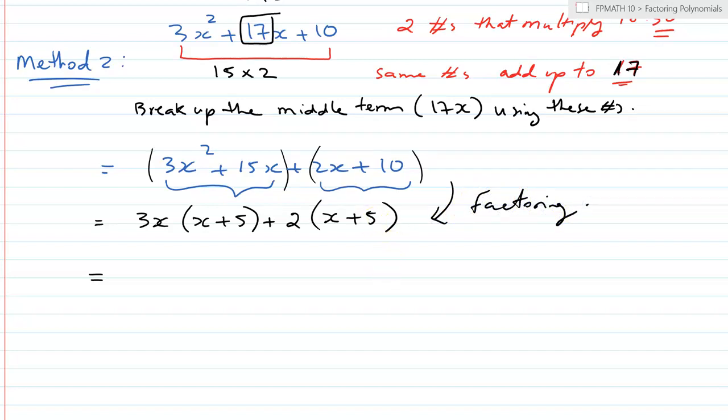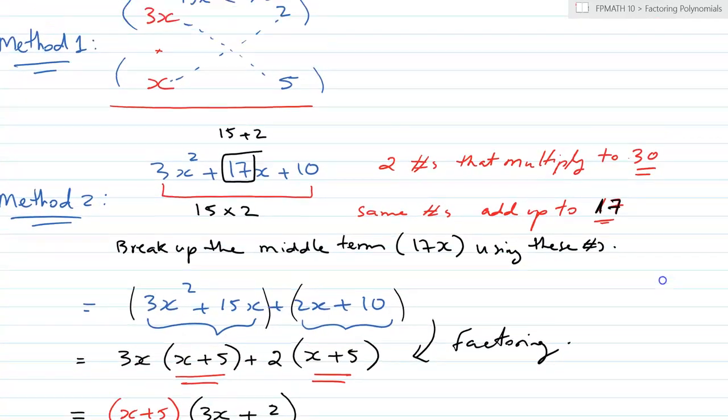In this case, the GCF is x plus 5 and x plus 5. So it would be x plus 5 out, and then for the first term, x plus 5 times 3x, plus, x plus 5 times 2 will give us the second term. And that is another way of factoring this.